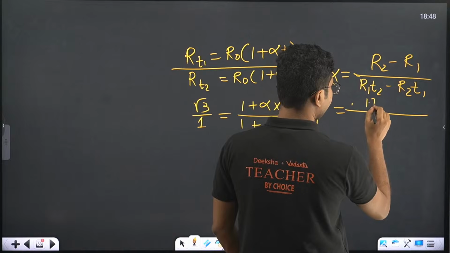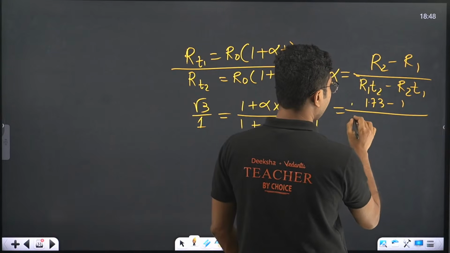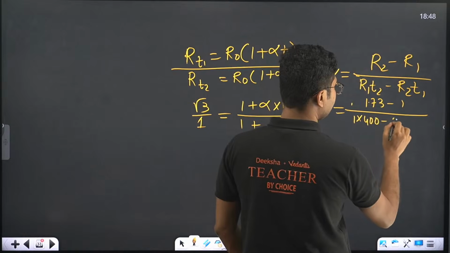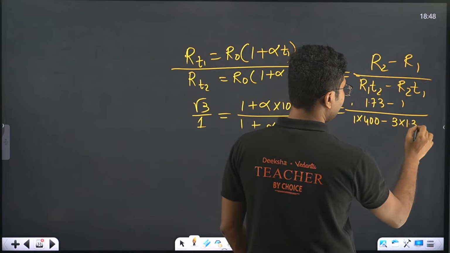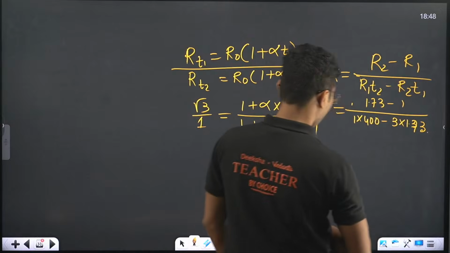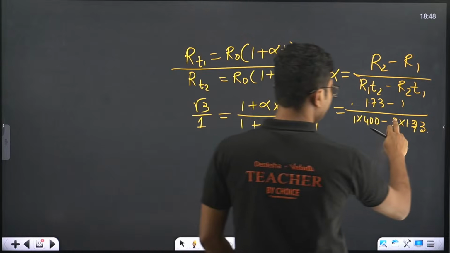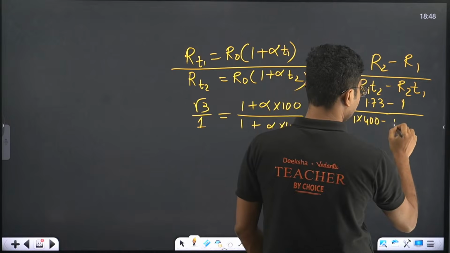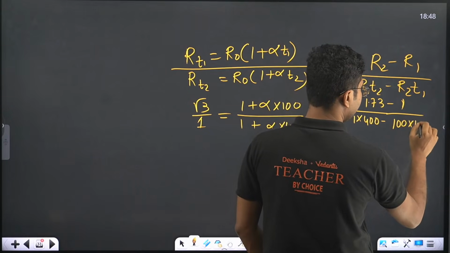So 1.73 minus 1 divided by 1 into 400 minus 3 into 1.73. Okay, minus not 3, minus 100 into 1.73.